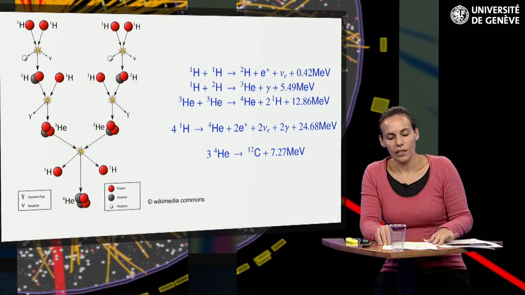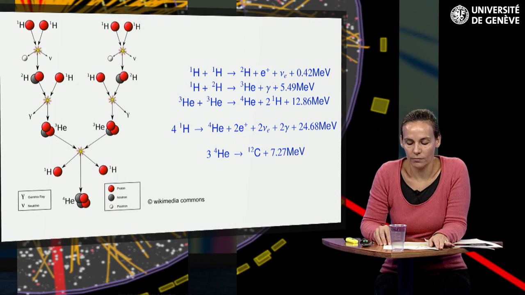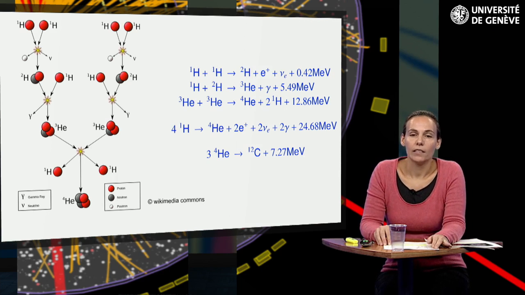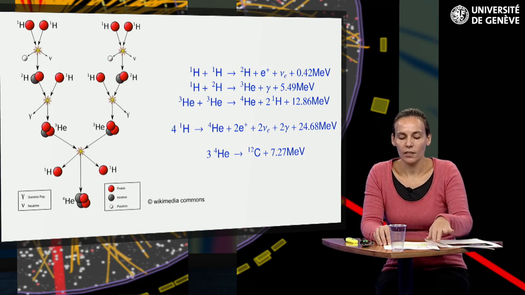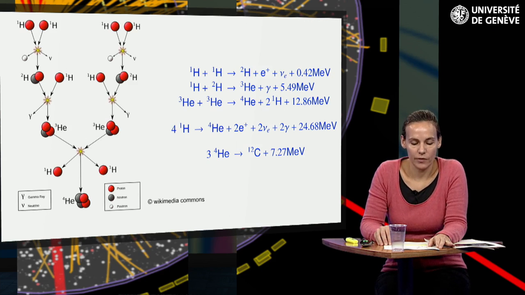The large energy release in the third stage is due to the fact that helium nucleus is doubly magic and extremely tightly bound. In total, a cycle fuses 4 hydrogen nuclei to produce 2 positrons, 2 neutrinos, 2 photons, and 24.68 MeV of kinetic energy.